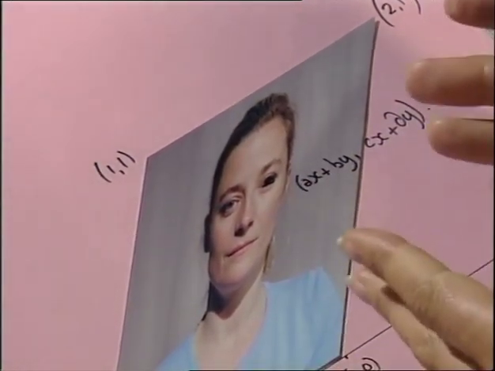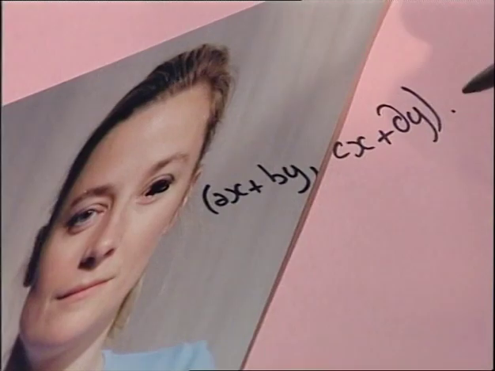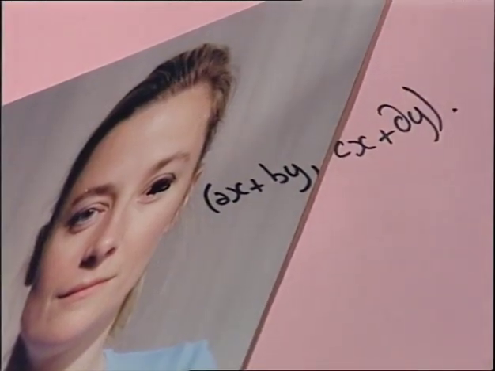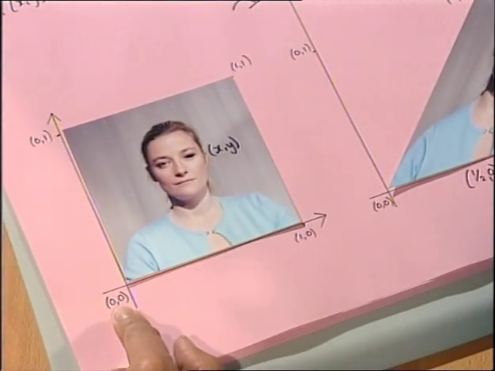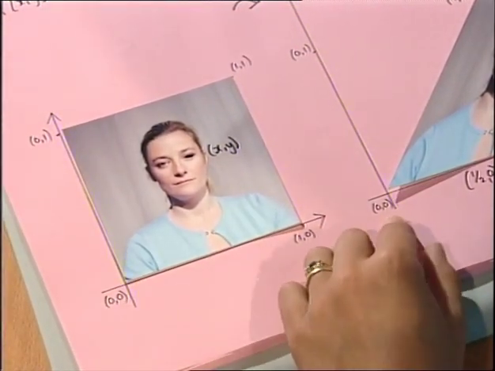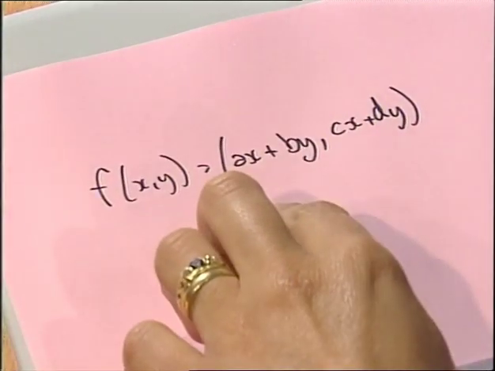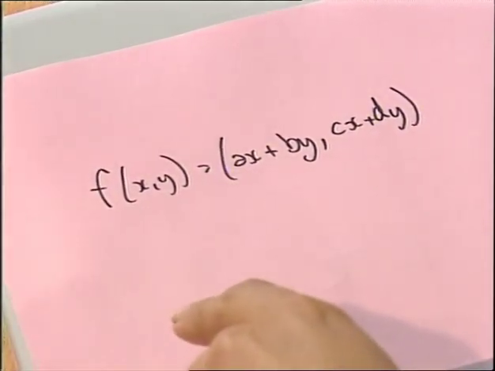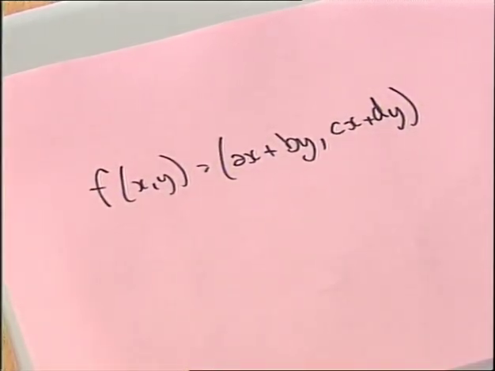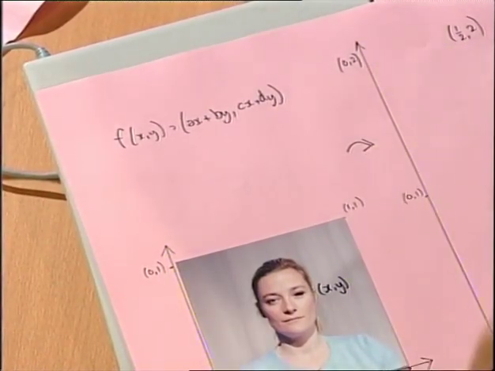Now I could calculate that point if I knew exactly what A, B, C and D were. One handy thing about linear transformations is that the origin, (0, 0), is always mapped to the origin. Now that's obvious algebraically, because when x and y are both 0, so also will f(x, y) be. Now it's all very well having a function, but how do we find these A, B, C and D's? Well, that's what Alan is going to introduce us to.